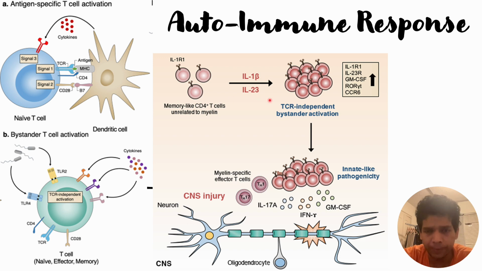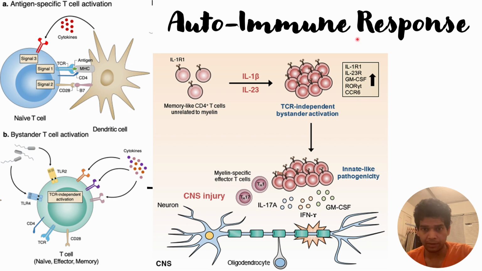So it will activate these T cell receptor independent bystander cells or memory-like CD4 plus T cells. And after activation, these cells will upregulate receptors such as IL-1R1, IL-23R, GM, and some others.